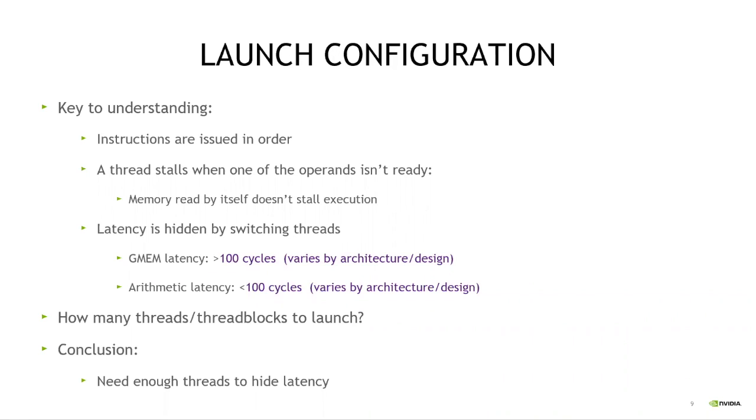So, as we've said already, instructions are issued warp-wide, and also instructions are issued in order, so the GPU is not an out-of-order machine. That means that when the compiler emits code and it issues instructions, let's say in a sequence A, B, and C, which I can observe by inspecting the compiled code, when A, B, and C are issued on the machine, let's say with respect to a thread, which is where it matters, C will never be issued before B, and B will never be issued before A. That's what we mean by an in-order machine.